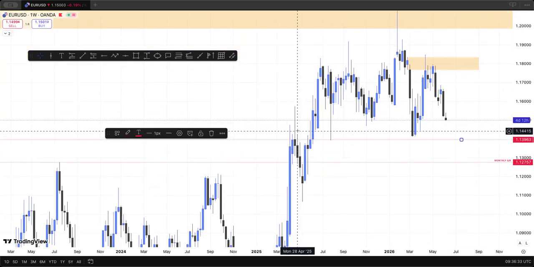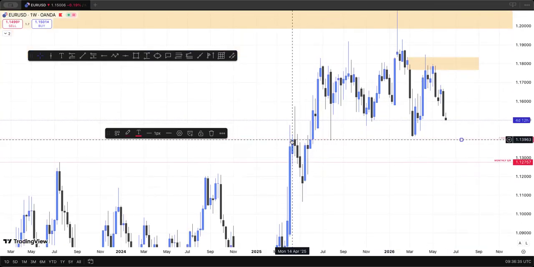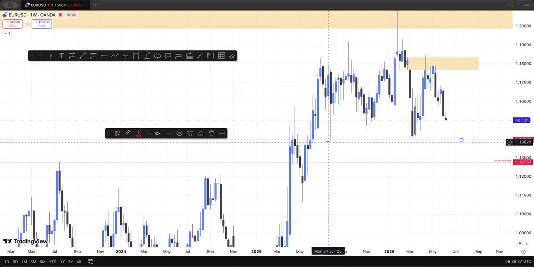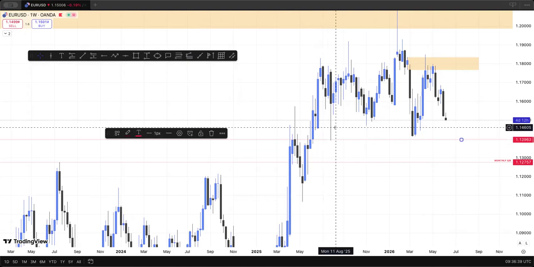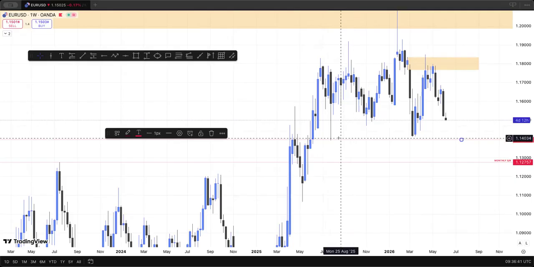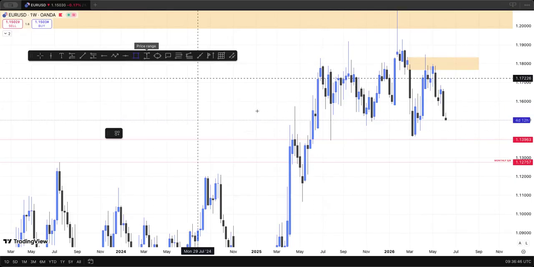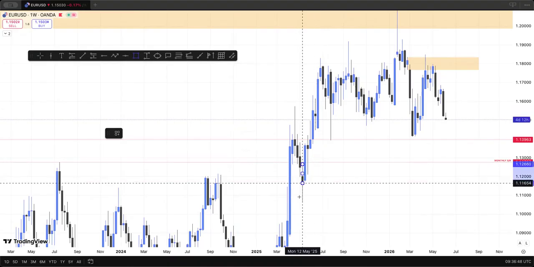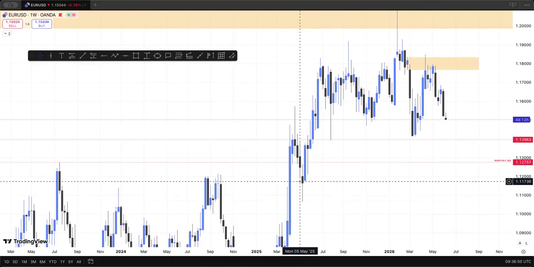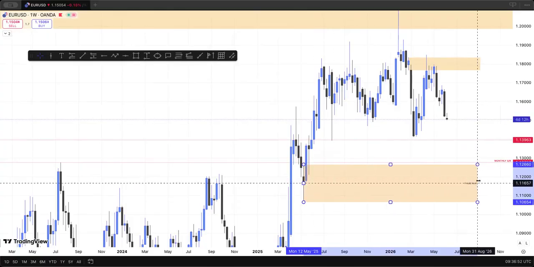Also, this next weekly support or resistance price has already touched. Okay. So what do we have next? What we have next is this demand sitting right here.